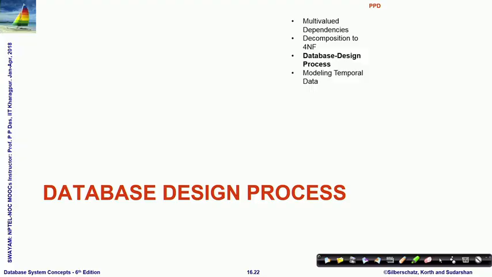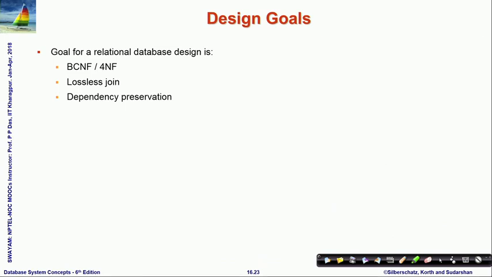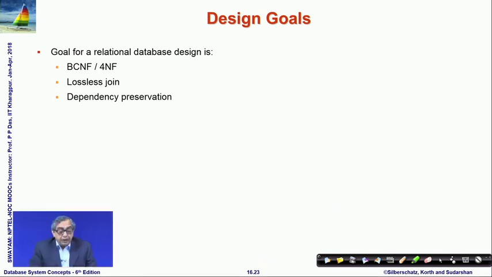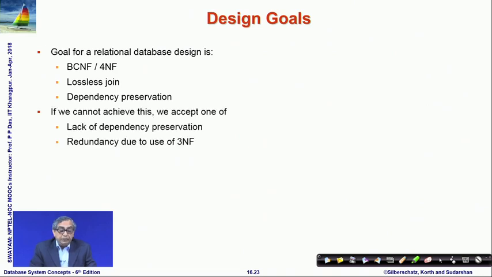But leaving that, let us quickly take a round in terms of what we have done so far and what is the basic overall design process that we should be following. So, again to remind you, the goal for our design is to have a relational database which is in BCNF or 3NF, has a lossless join due to the decomposition and dependency preservation. If we cannot achieve that, I am sorry, earlier what I meant is BCNF or 4NF, not BCNF and 3NF.